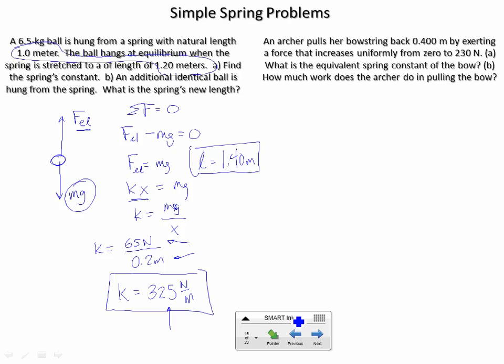Okay? Number 2 here. An archer pulls her bowstring back 40 centimeters by exerting a force that increases uniformly from 0 to 230 newtons. What is the equivalent spring constant of the bow? Well, I think we would just go right to FEL is K times X. When it's stretched this far, it takes that much force.